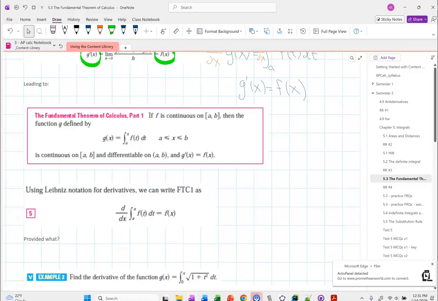So, does that mean that it works the other way? That if I have g prime and I do the integral of g prime, does that give me g of x then?